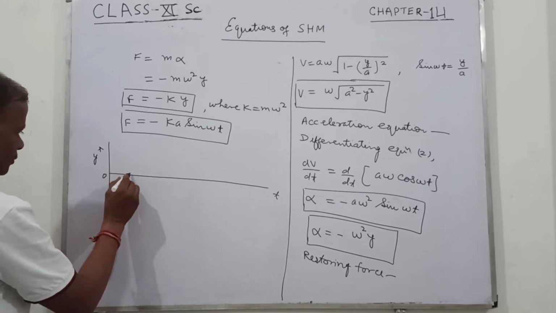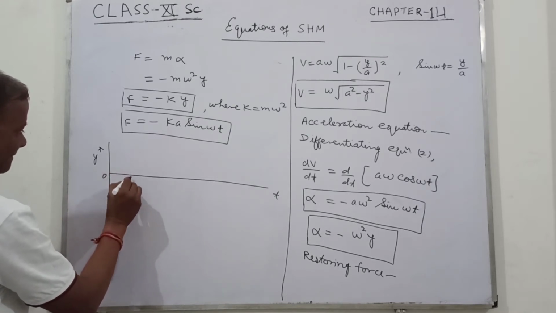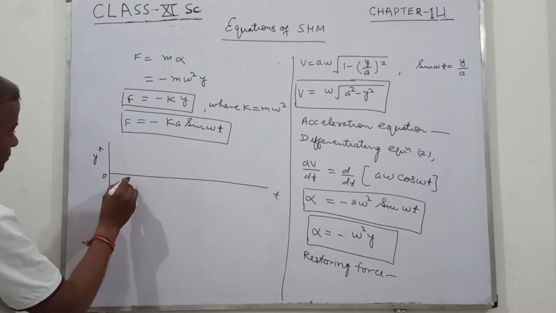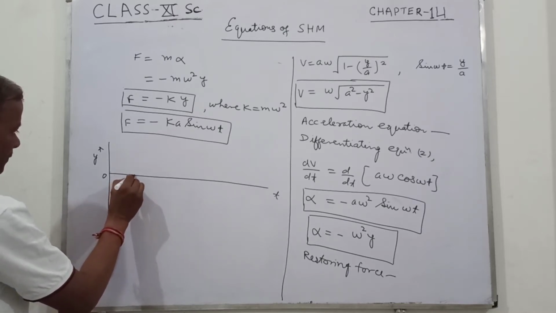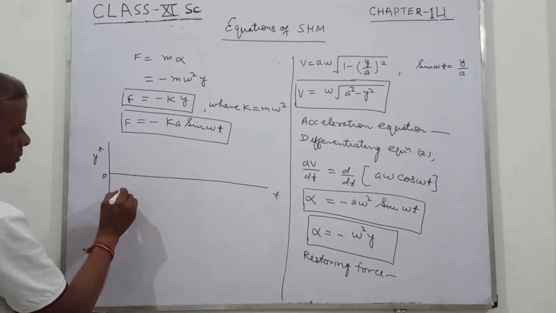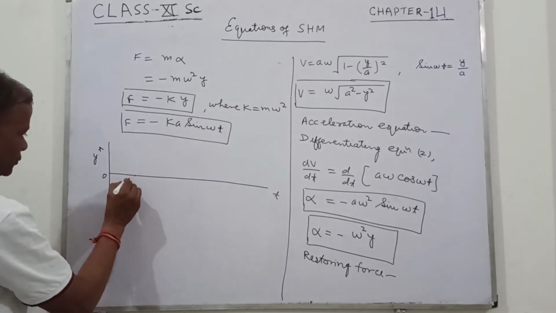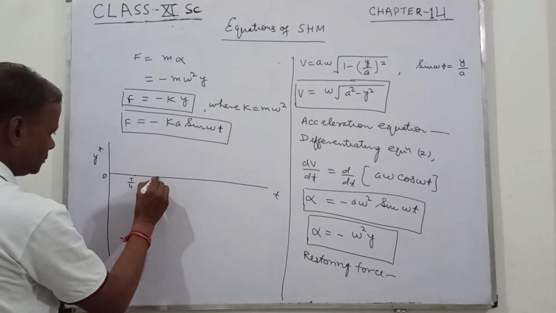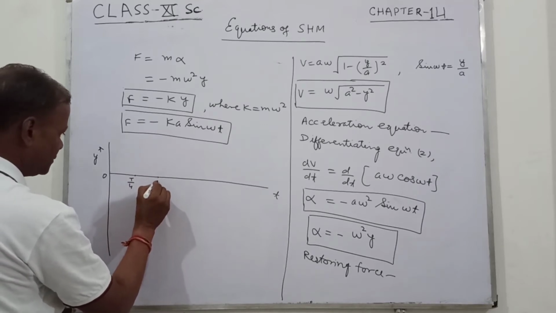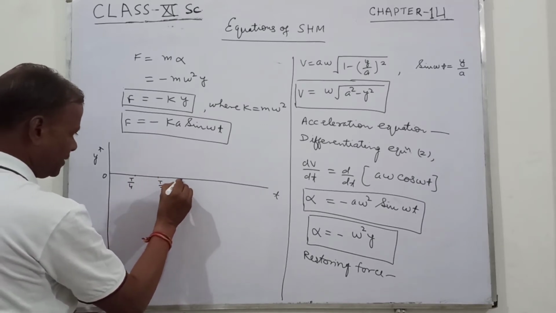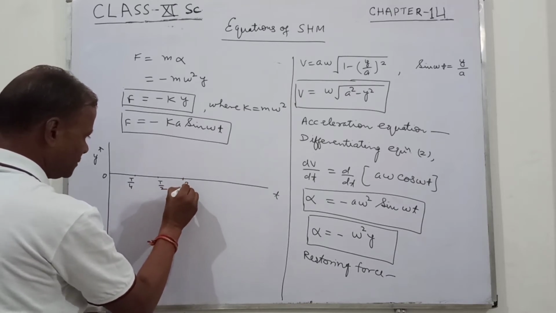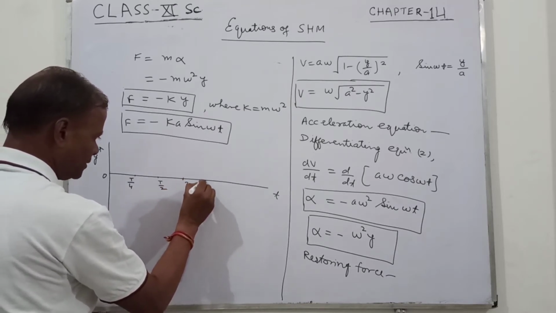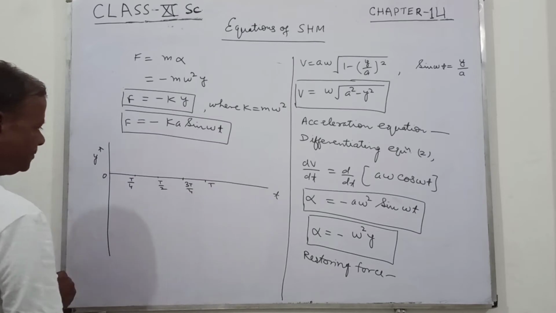This is 0, and this is pi by 2. Now suppose this is T by 4, then T by 2, 3T by 4, and T.